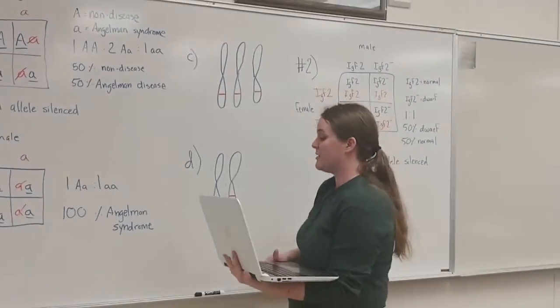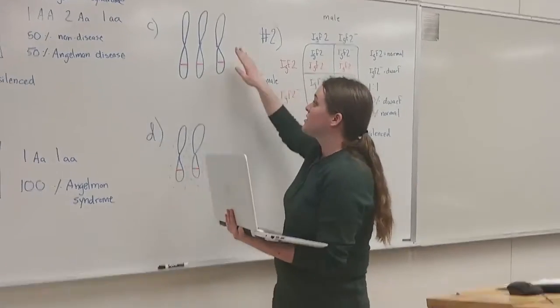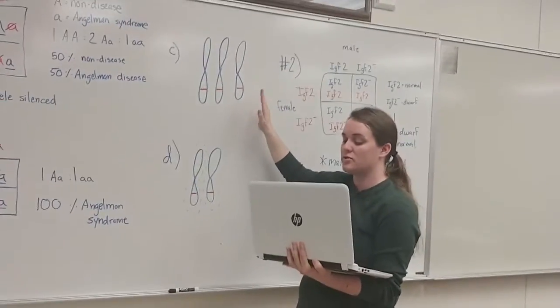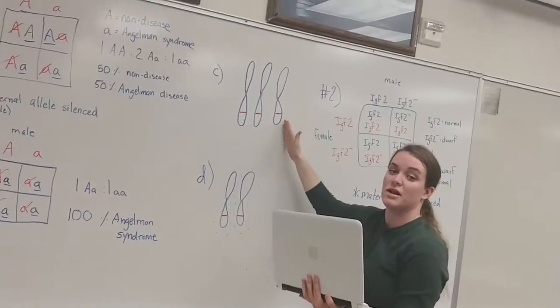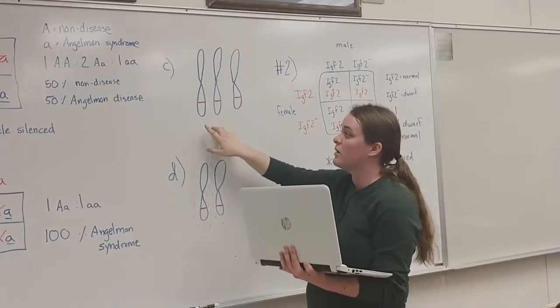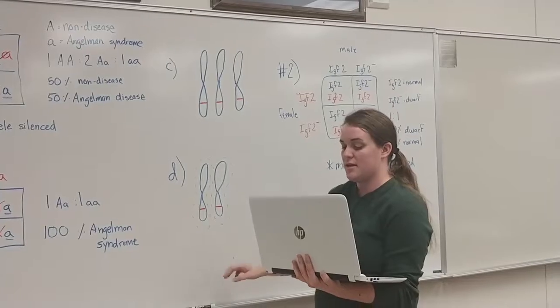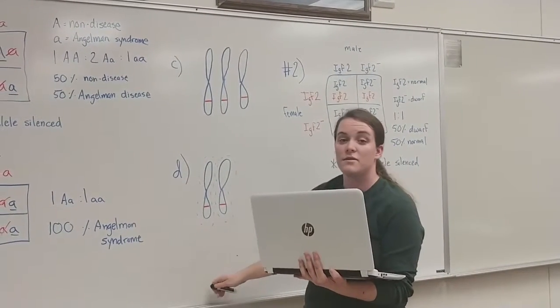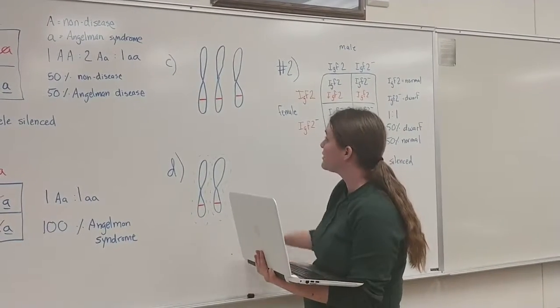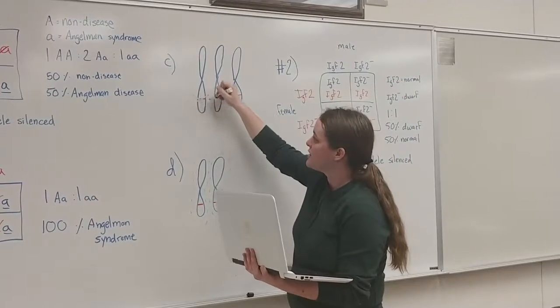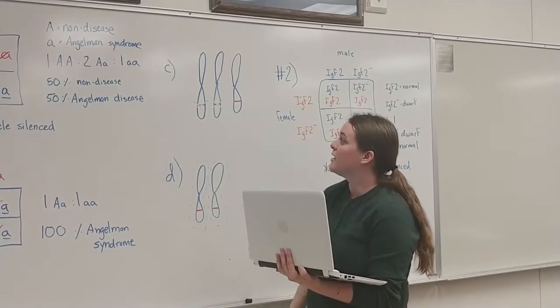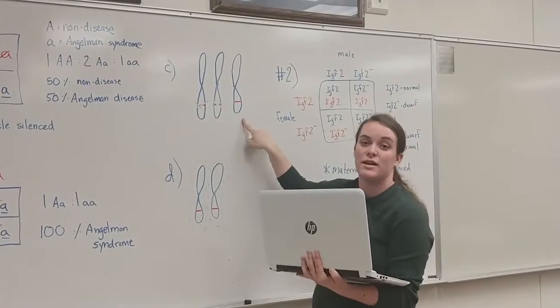C is a bit more complicated, C and D, because we're talking about the Barr bodies and how many are found in each cell. In C, we have the triple X syndrome, meaning that there's 3 X chromosomes. But in the problem, it says that 2 of them have been deleted. So if we take this visual and cross those out, that leaves us with 1 X left.